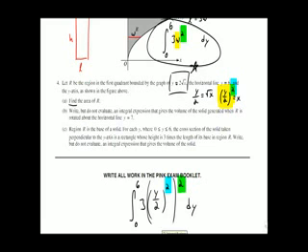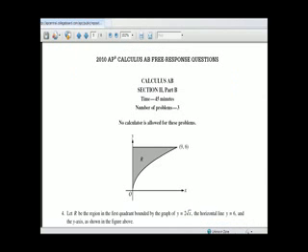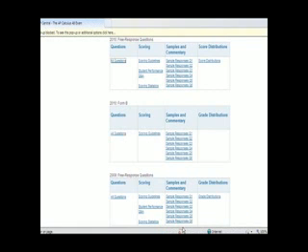Now let's pull up the solutions real quick. Let's see how we did. So we'll go back to the AP Central. What year's test was this from? Last year's. Remember what number question it was? 3. Okay. So we'll go to the scoring guidelines.